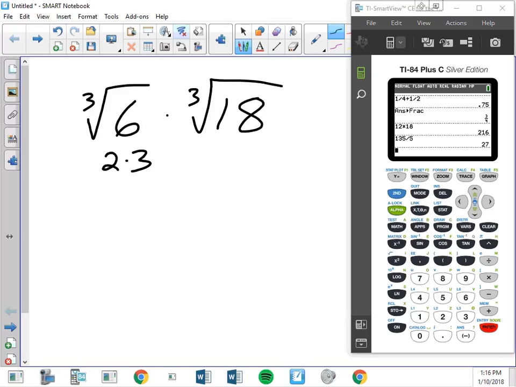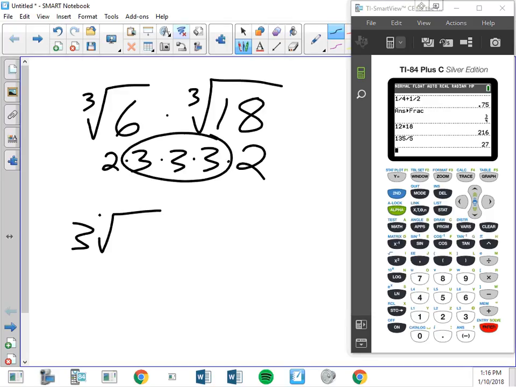Not 3 3's. 3 times 3 times 2. Right? It's 2 and 9. And then the 9 turns into 3 3. So 3 3 2. What can I pull out? So I write a 3 on the outside. And 2 times 2 stays in. And we get a 4.